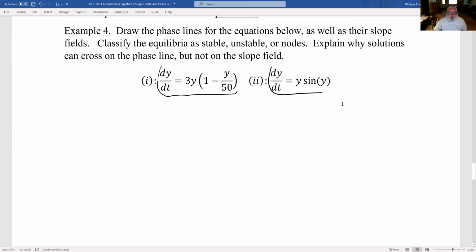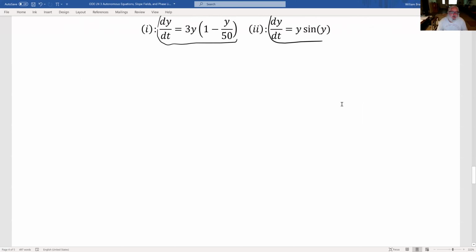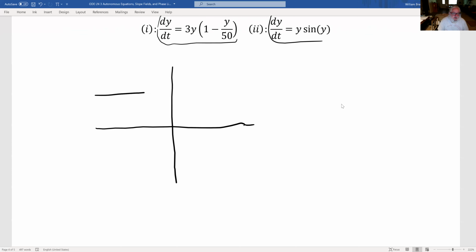So for example 1, dy/dt equals 3y(y minus 50). Our slope field looked like this. This is y equals 50. This is y equals 0.